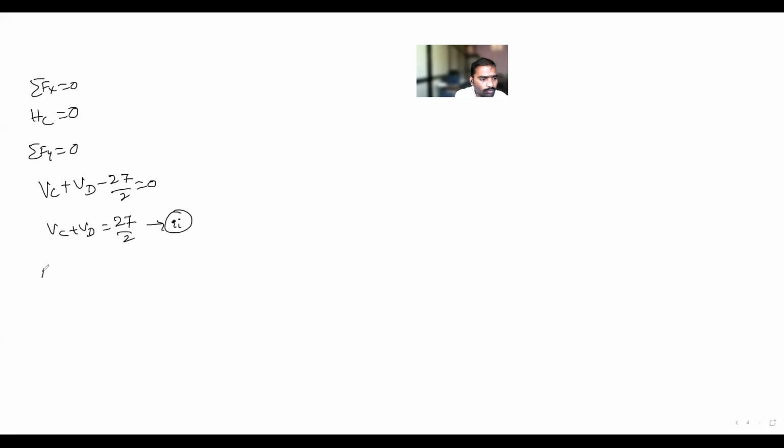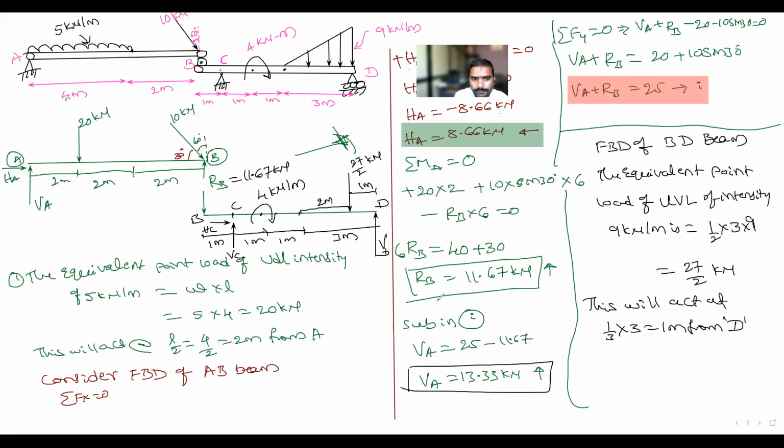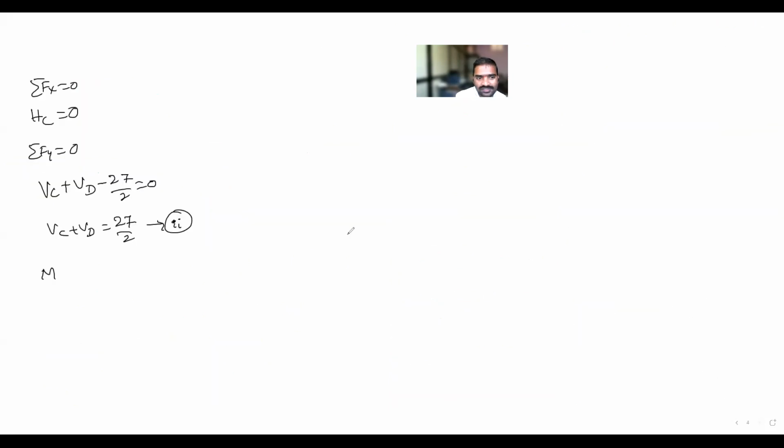Next, moment about which point? RB, yes, correct. I forgot, RB is also there. RB is 11.67. So moment about the point: 27 by 2 minus RB, where RB is 11.67, is equal to 0.